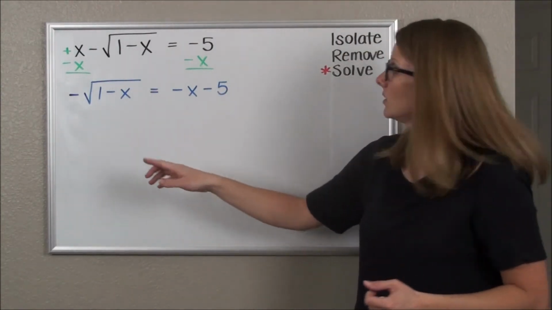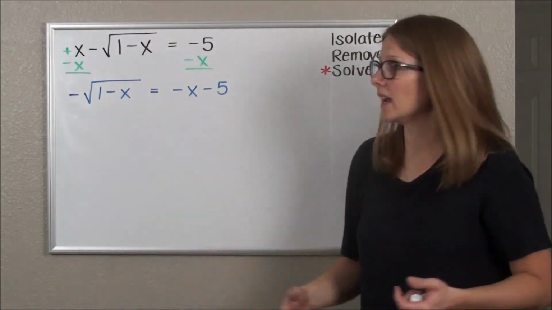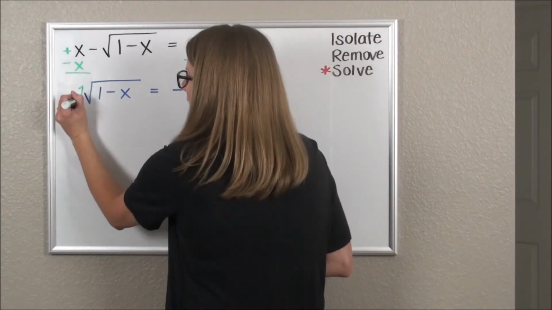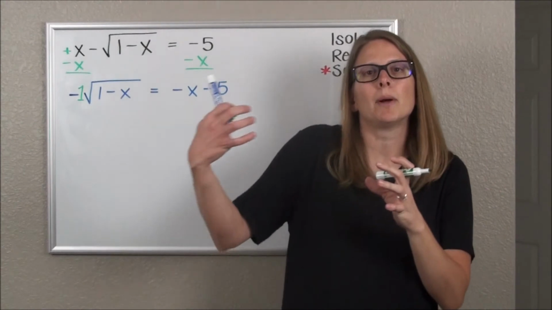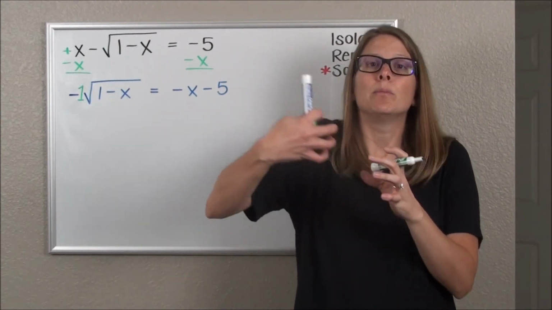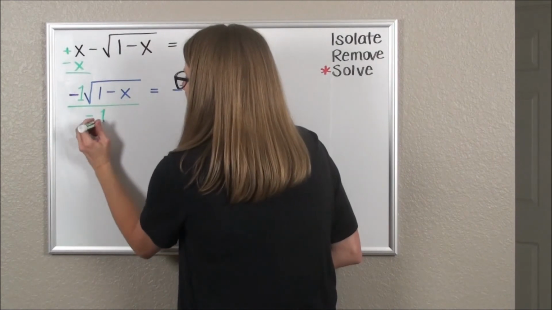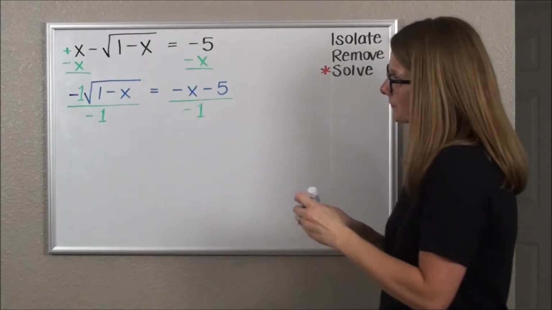What I'd like to do, just for convenience, because I don't like all those negative signs, is divide by this negative that's in front of the root. So it's like the coefficient on that root is a negative 1. If there's a negative 1 multiplied to the root, let's remove it using division. Again, remember, you have to do the same thing to both sides, every term.